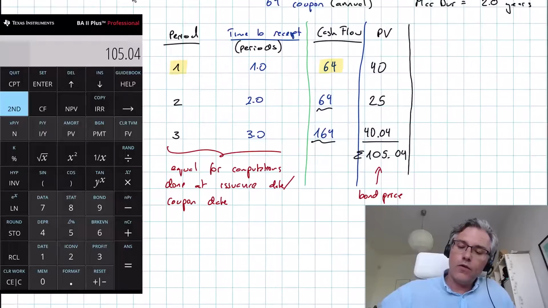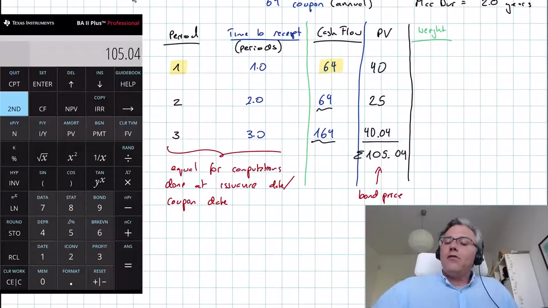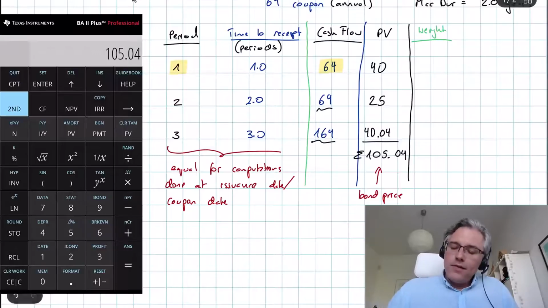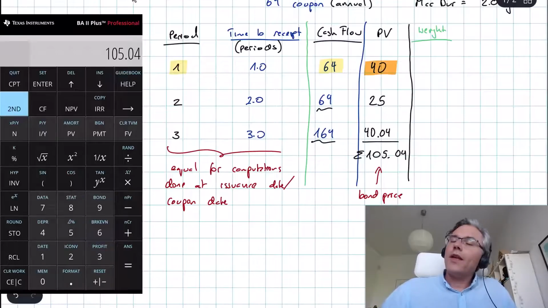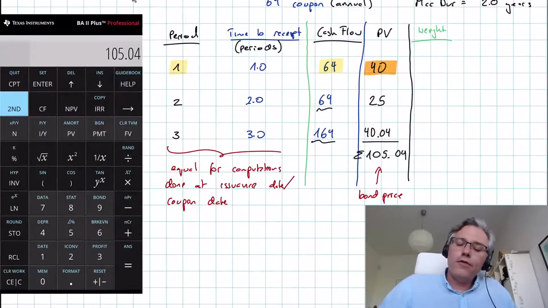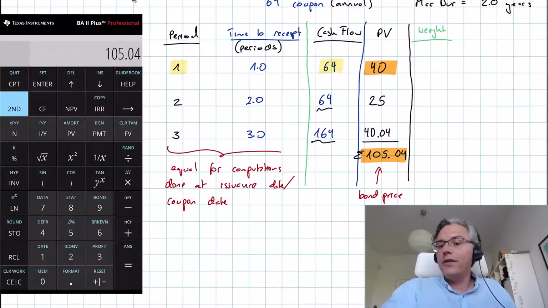Okay, what comes next? Very important, the weight factors. The way I will compute weights is by taking the PV of each cash flow, and for the first one it's 40, and dividing by the overall sum of these present values.